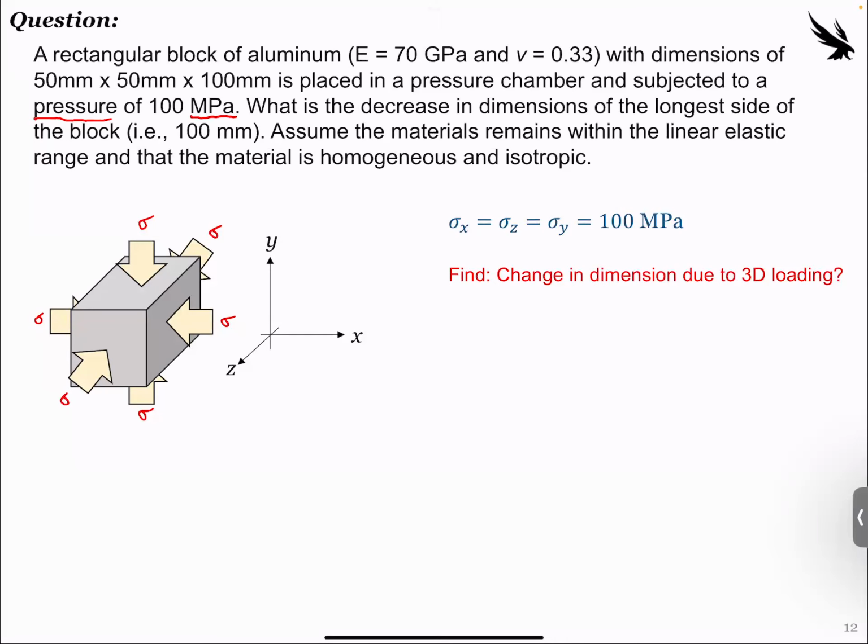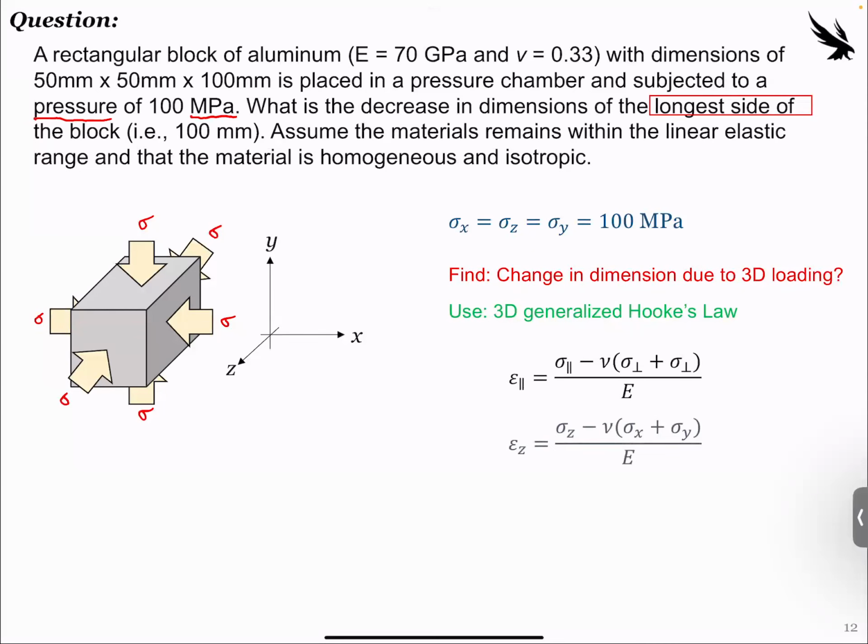So what we need to do is find the change in dimension due to 3D loading. So we use the 3D generalized Hooke's law equation. Really, that just means the strain in one direction is equal to the stress in that same direction, minus Poisson's ratio times the sum of the 2 stresses in the perpendicular directions, divided by the Young's modulus.